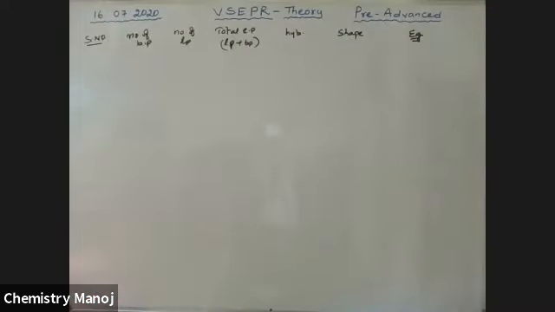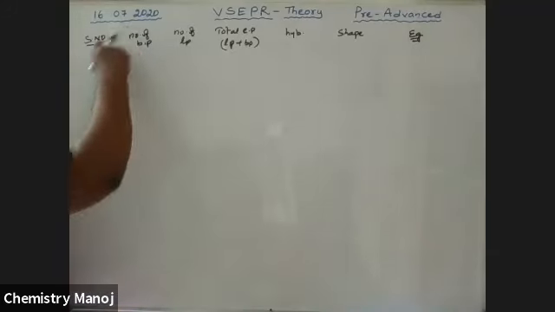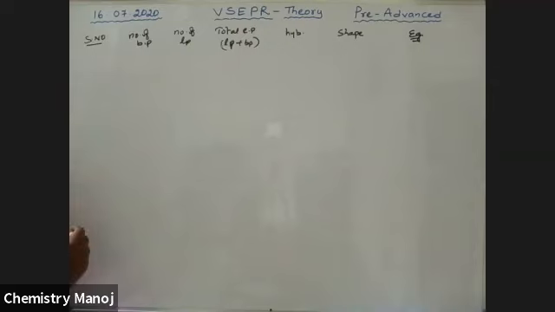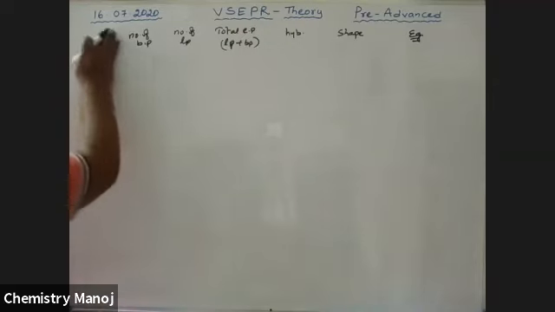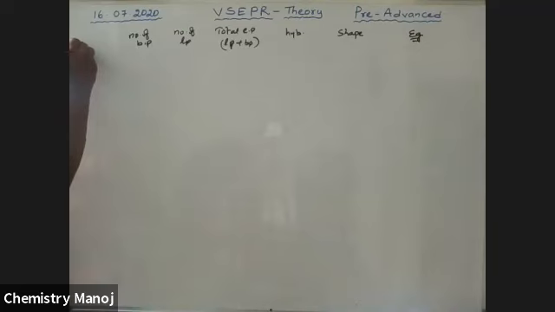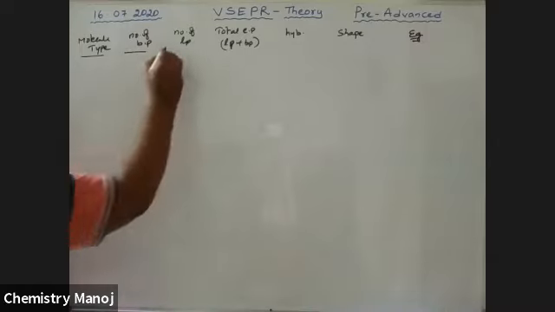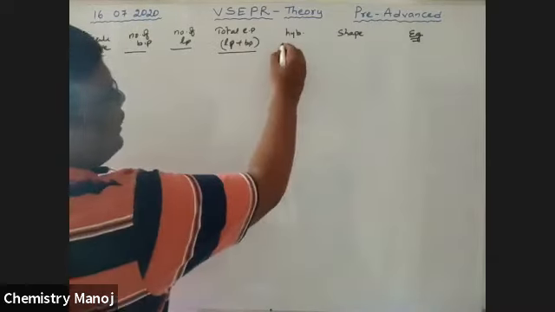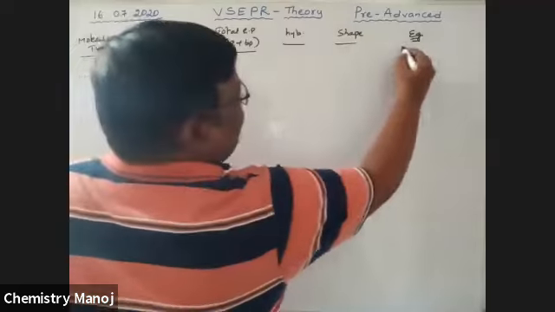So these are the columns: molecule type, bond pairs, lone pairs, total pairs, hybridization, shape with examples.